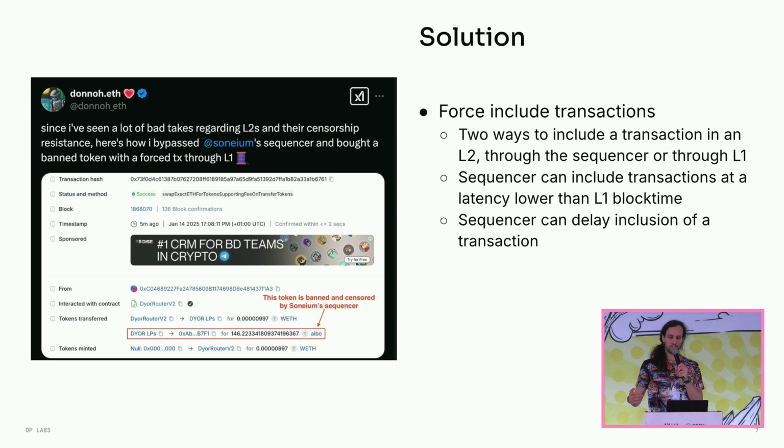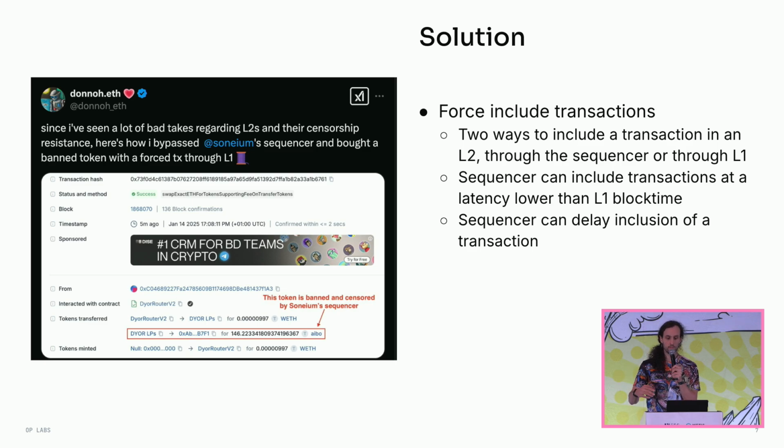Everything comes with trade-offs. The slower path, the force include transaction path, goes through L1. So that guarantees the censorship resistance properties of L1. If you go directly to the sequencer, it technically can censor if it wants to through the low latency path.